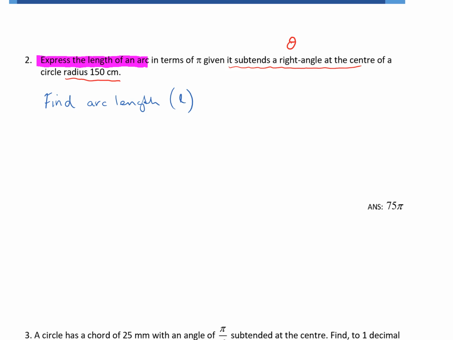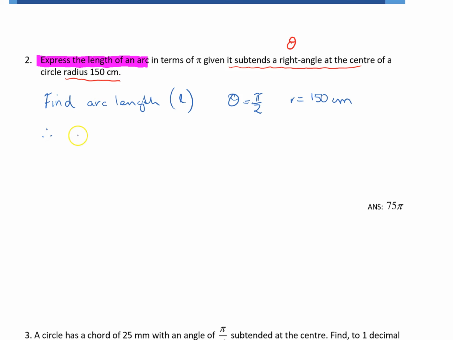Given this arc subtends a right angle, we know that theta is equal to a right angle. What's a right angle in terms of radians? It is pi on 2. Where the radius is 150 centimetres. Nice, it's the radius.